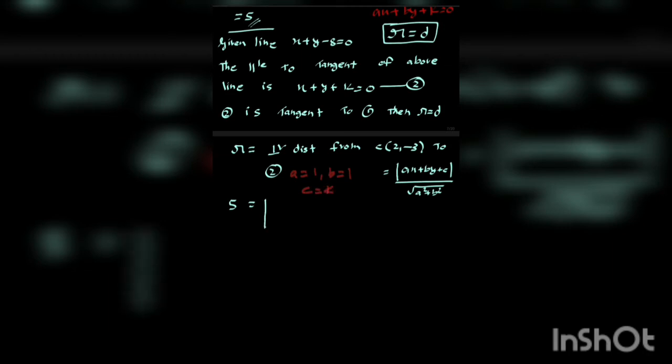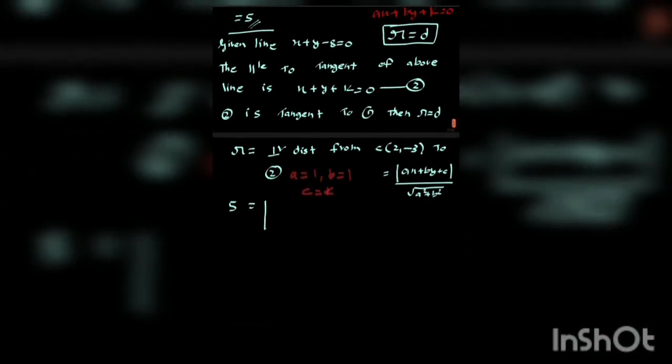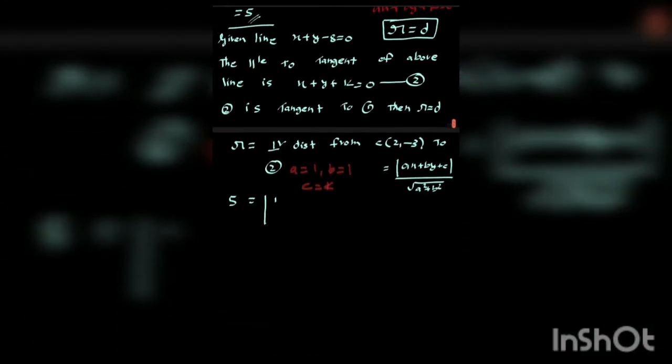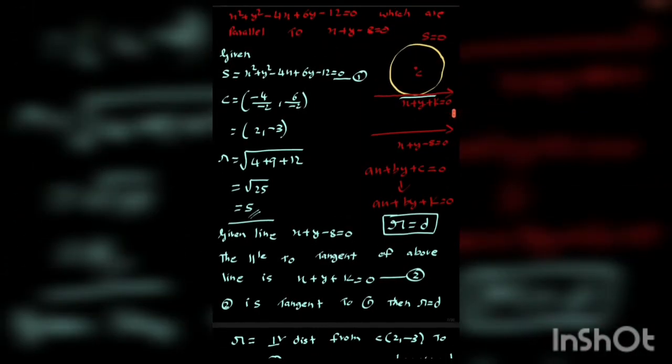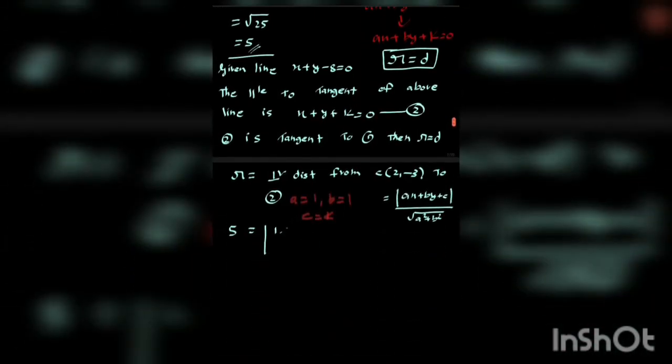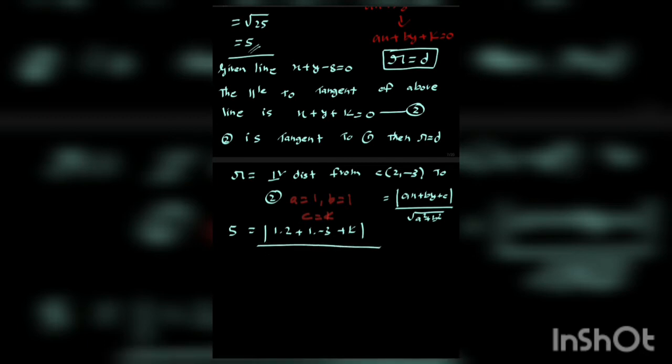So mod, a, that is 1, and what is x? 2 plus 1 into minus 3 plus k by root over 1 square plus 1 square.